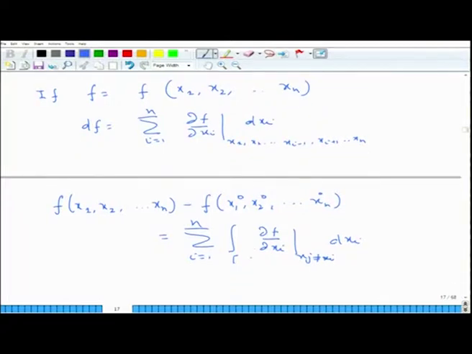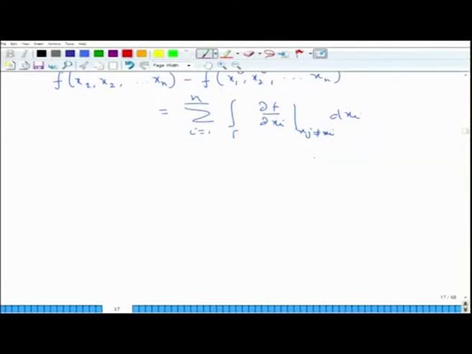So in order to illustrate, we will take some example. Let us consider a plot of y against x, where we have x0, y0, and somewhere here is x1, y1.